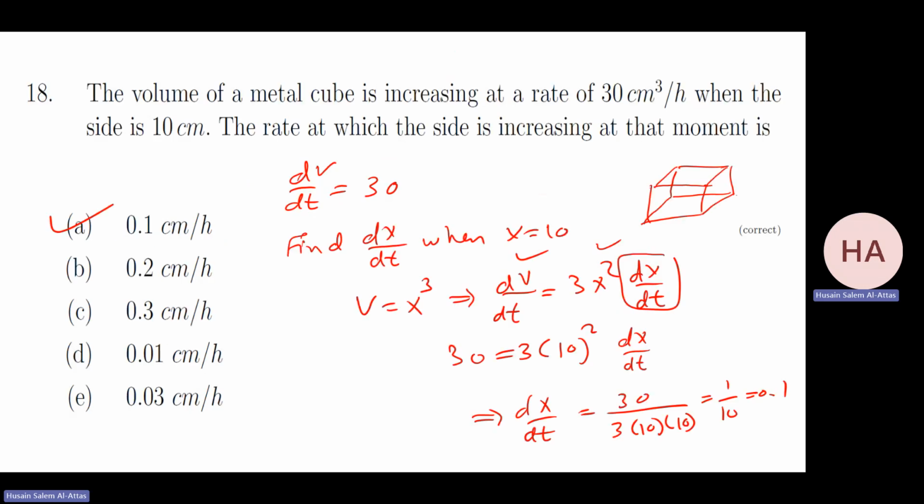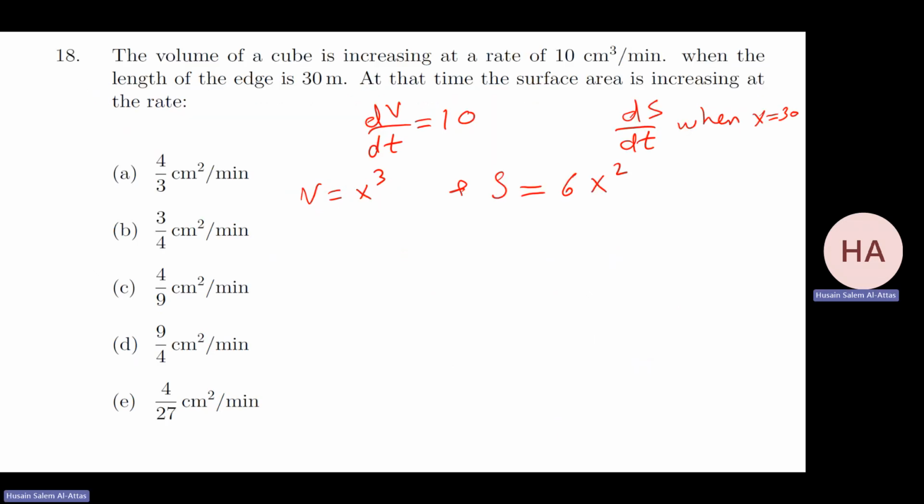Surface area means I need the surface area of all 6 sides, okay? So this is the surface area. So I want ds by dt, which is 12x dx by dt. I know x, I want to get this. From where do I get it? From here.